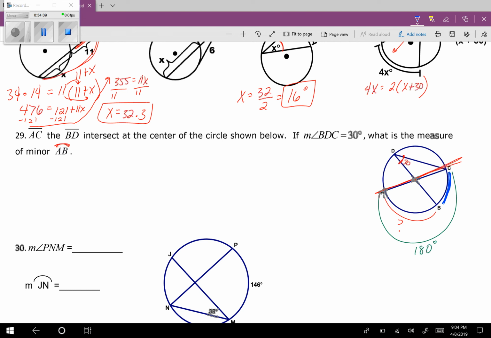And I can figure out CB by knowing that I have this angle, the 30, and it's creating that arc CB. So to go from the angle to the arc, we have to multiply by 2. So we got to do 30 times 2. So this part right here from C to B is 60. And I know that from C all the way around to A, it's got to be 180. So the measure of arc AB is 180 minus 60, which is 120.